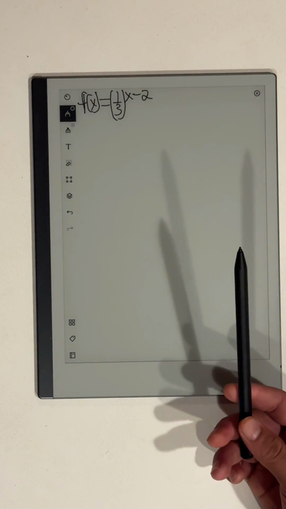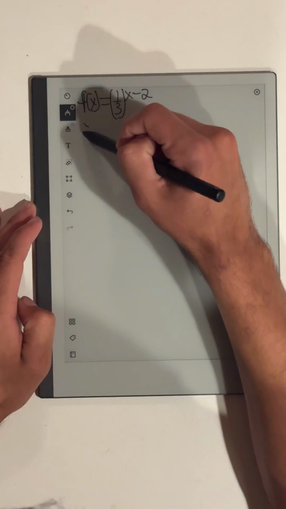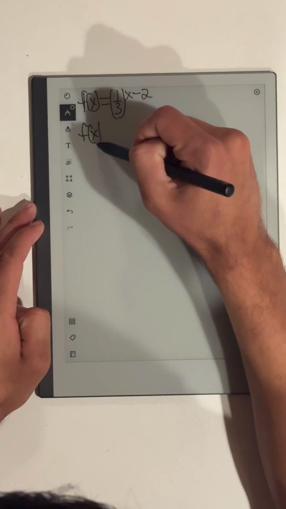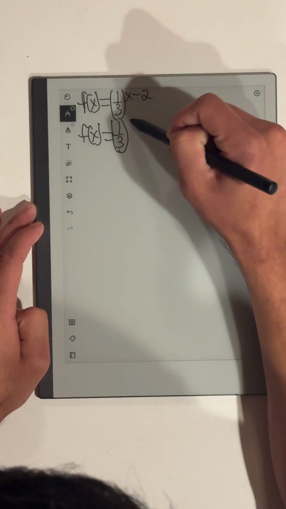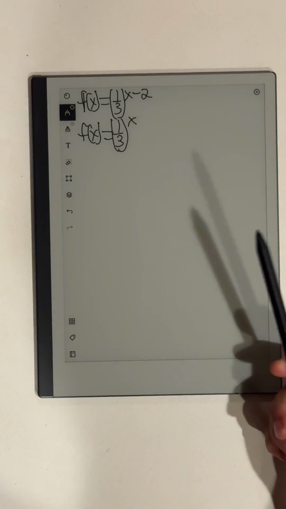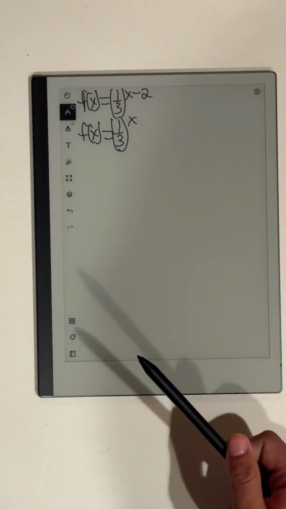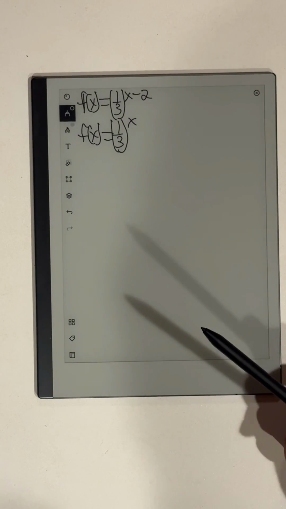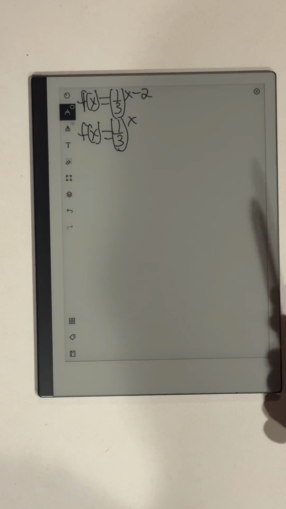So the parental function is going to be f of x equals (1/3)^x. That's going to be the parental exponential function right there. And since the base is 1/3, which is less than 1, it is going to be a decreasing exponential.